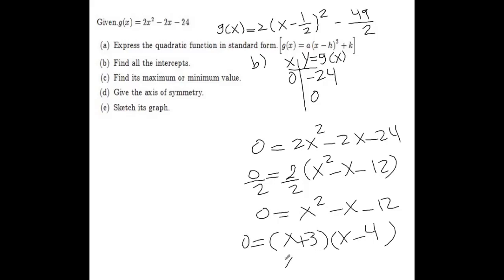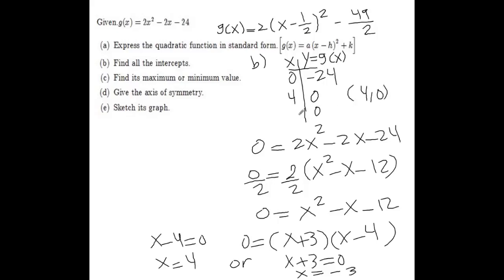So x plus 3 is equal to 0, means x is equal to minus 3, or x minus 4 is equal to 0, so x is equal to 4. So your x-intercepts are 4 and 0, and negative 3 and 0.